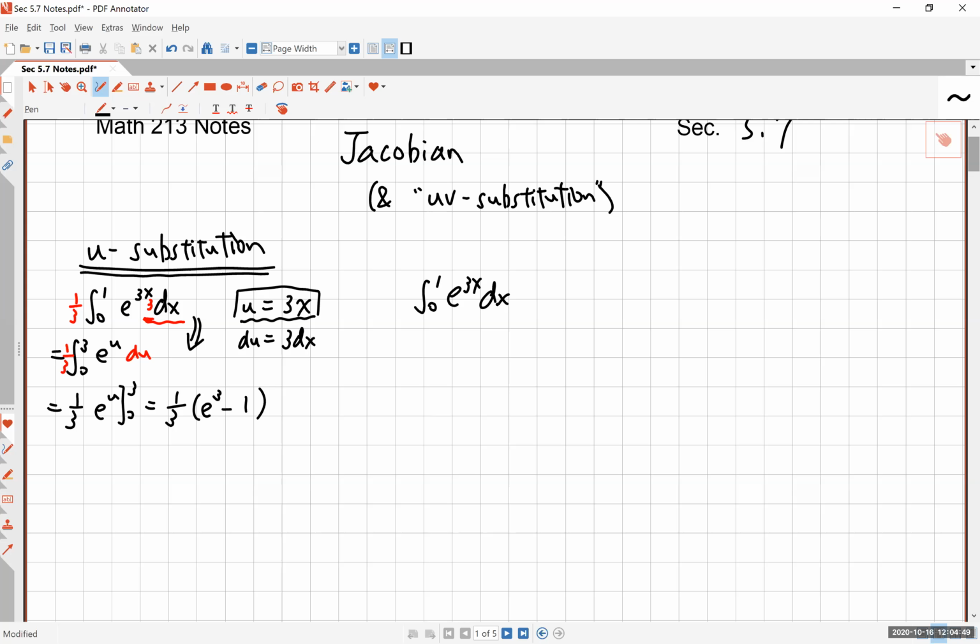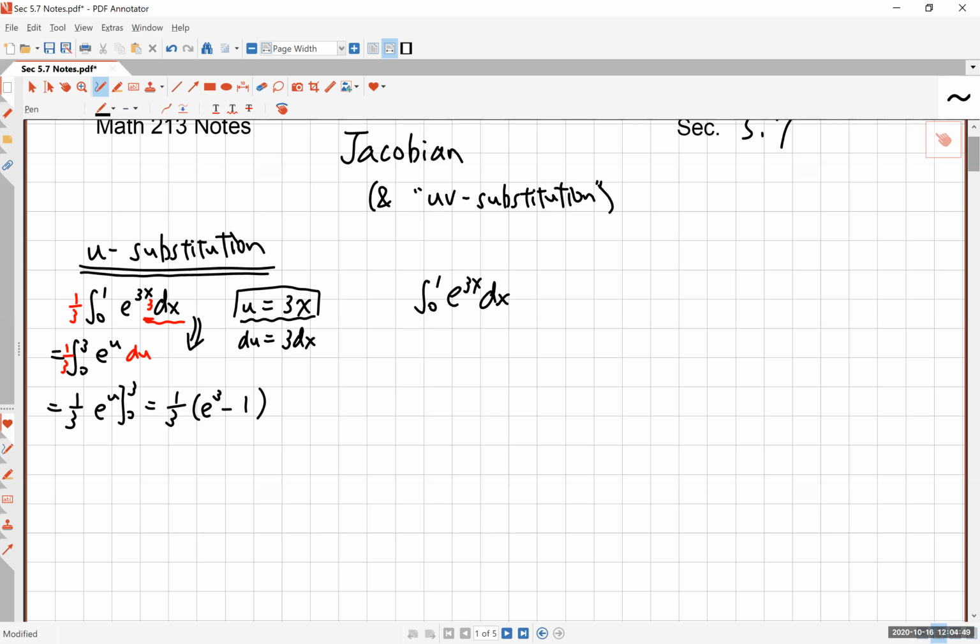Let me start by saying we want to define T, the transformation from uv to xy. The way we do this is you have to define what x and y are. So x is some function of uv, and y is some function, you can't use the same letter, h of uv.